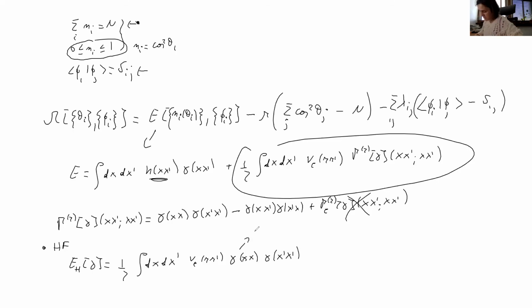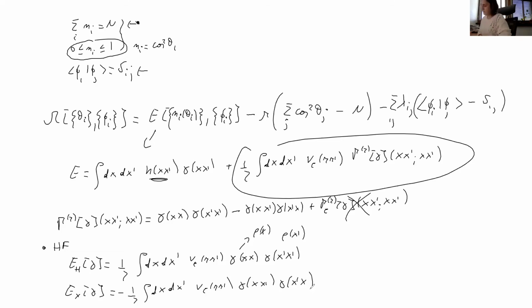So you see, this is your density, and this is therefore your Hartree energy. Okay, and the same for the exchange. Okay, you plug in this part. Gamma x x prime, gamma x prime x.